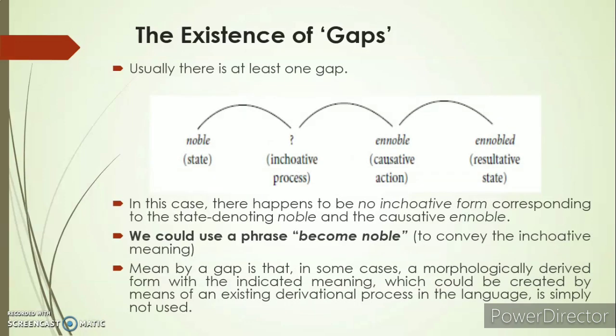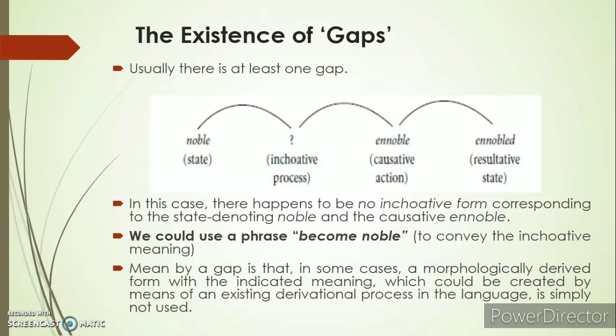The existence of gaps. Usually, there is at least one gap. In this case, there happens to be no inchoative form corresponding to the state denoting noble, and causative in noble.